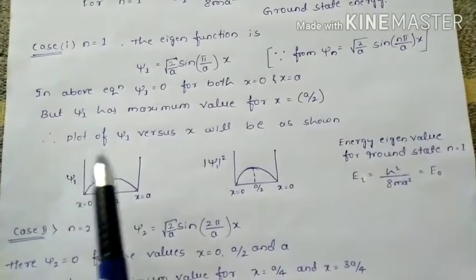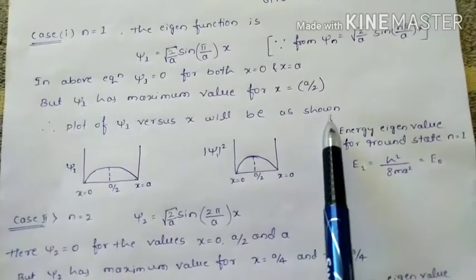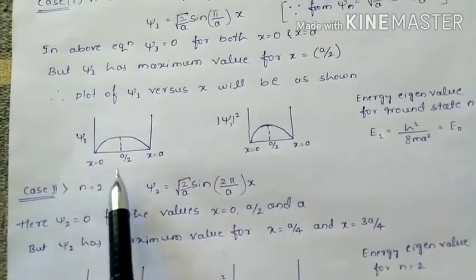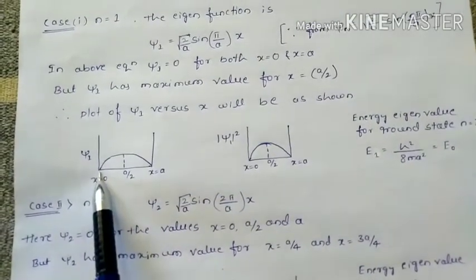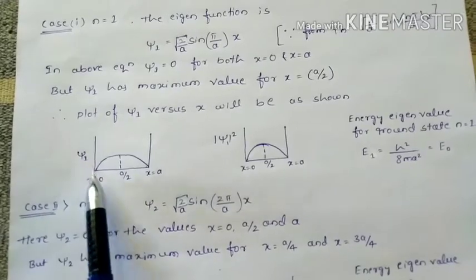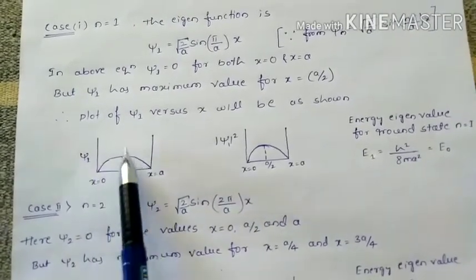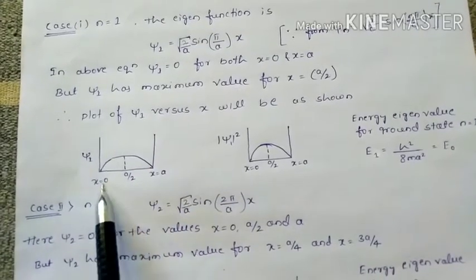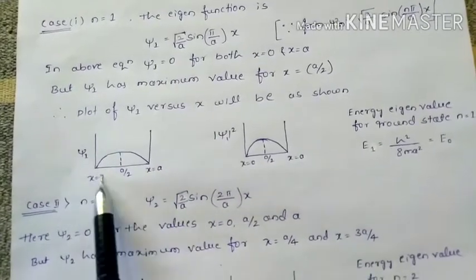So we can plot psi 1 versus x, which is shown below. Here you can see the plot of psi 1 versus x. The psi 1 value is 0 for x is equal to 0 and x is equal to a, and it has a maximum value at a divided by 2. This is the width of our box or the potential well.